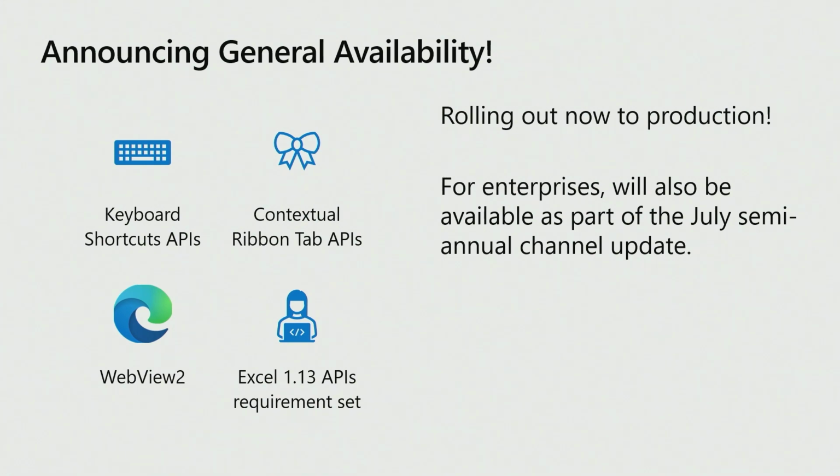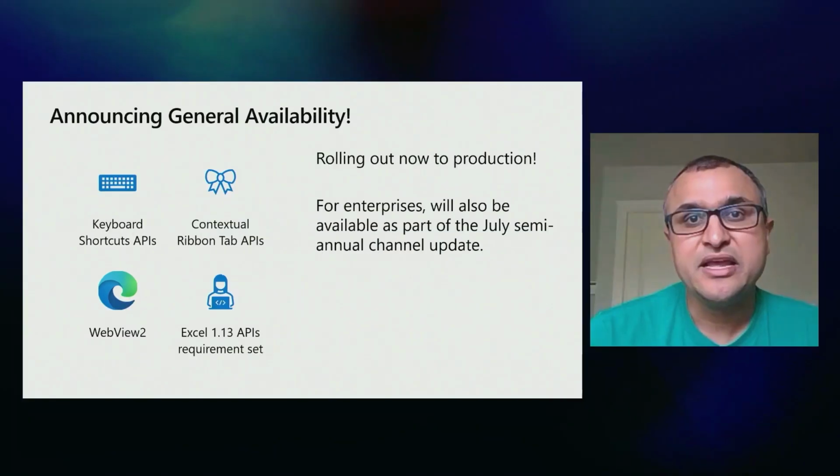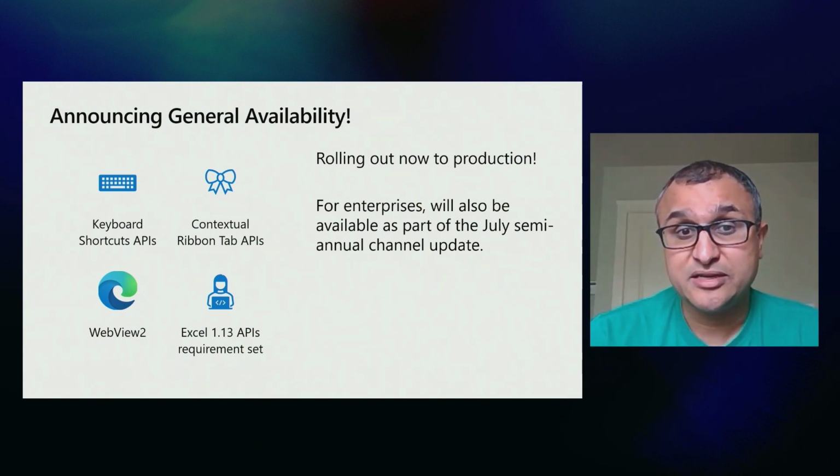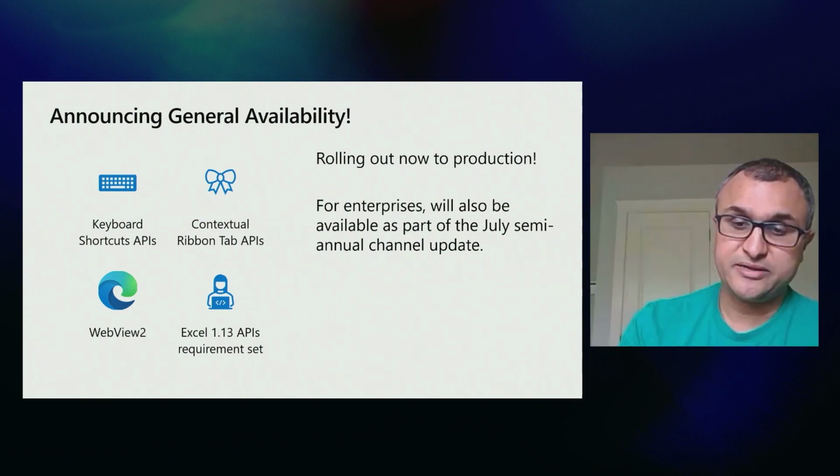In addition to this, we have over 2,000 different APIs for you to explore and use to manipulate and shape your data. At Build, we're announcing a new batch of APIs with our Excel 1.13 requirements set.